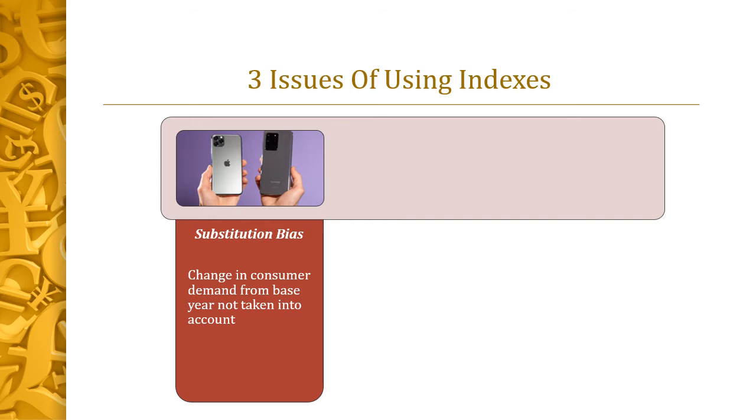So when we perhaps use a base year of 2011, think about the products that were available in 2011 versus the products that are available today. Maybe in 2011 it was a big thing to have an iPad, and today it's to have an iPhone. And Androids have come out to compete against the iPhone, and thus we have different demands.